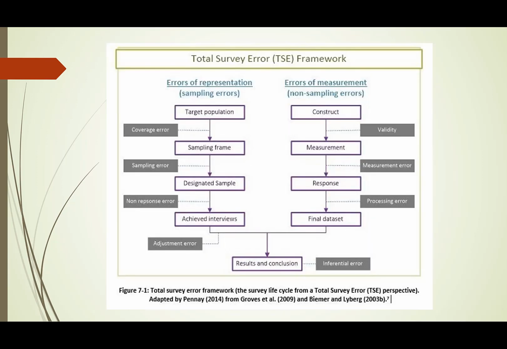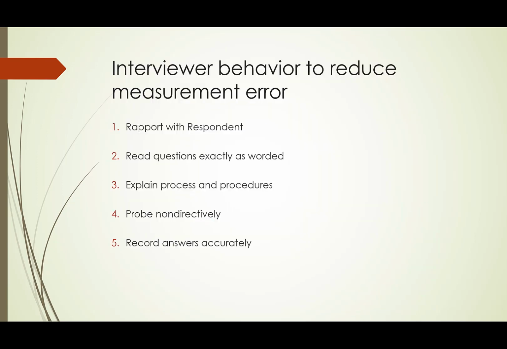So going back to the total survey error framework, we want to focus on the measurement error ones, since that's the bulk of the interview respondent relationship. So we want to look at 5 things: interviewer behavior. We're trying to reduce measurement error in the study.